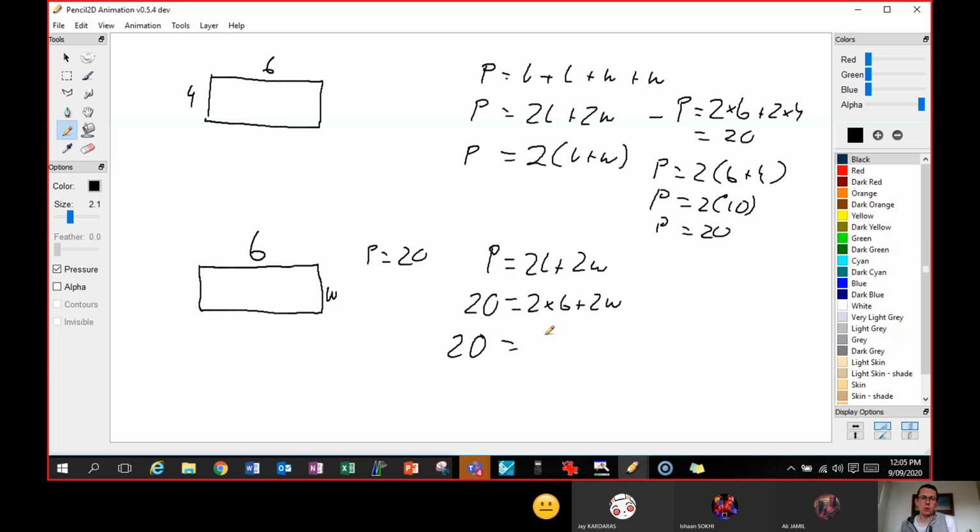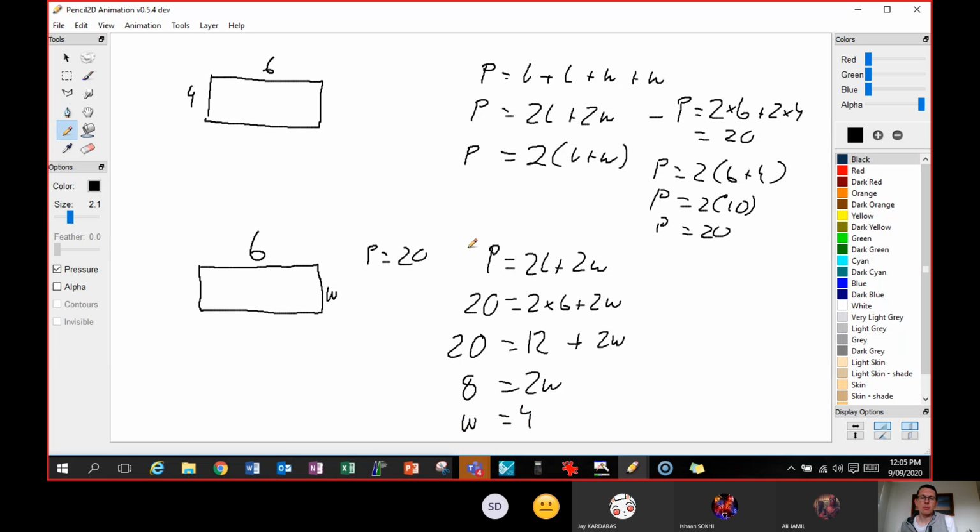We know the length is 12. And we have 2 widths. So you take away 12 from 20. So we minus 12 from both sides, which would show you that the 2 widths are left with 8. You've got to halve that because you just want to know what one of them is. So you divide both sides now by 2.